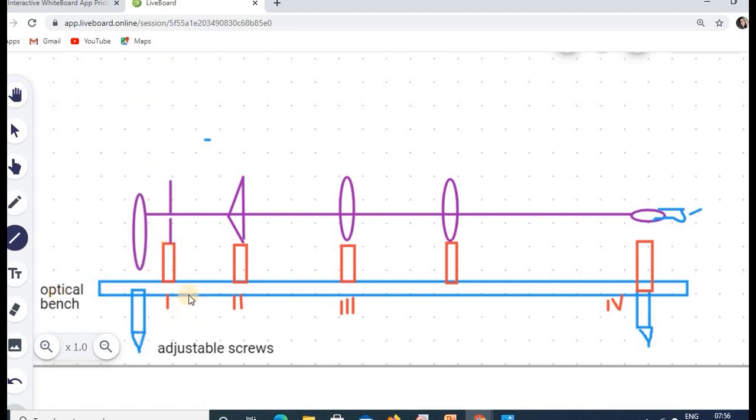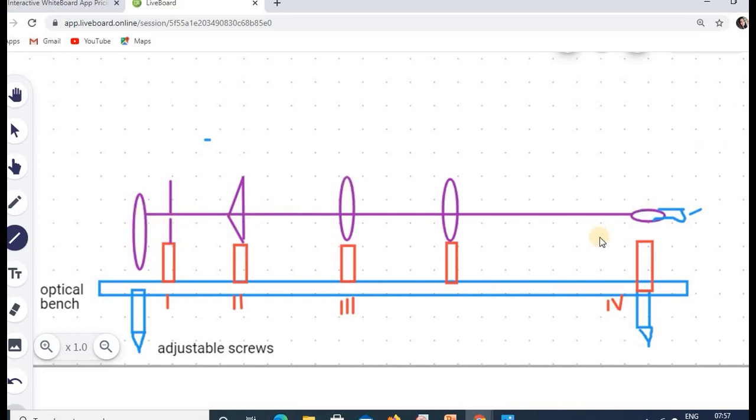Right, the optical bench is leveled horizontally, and it is provided with leveling screws fitted in the bench, and the eyepiece is focused on the crosswires.